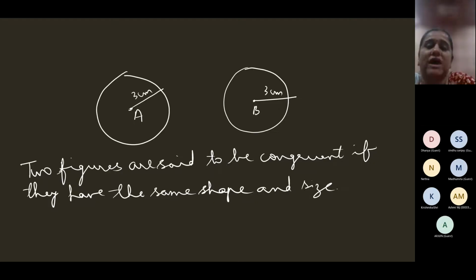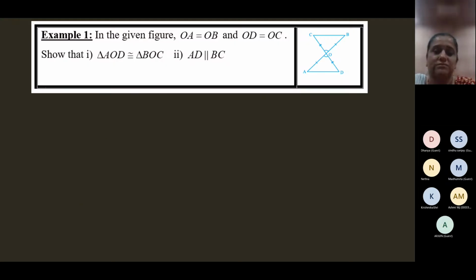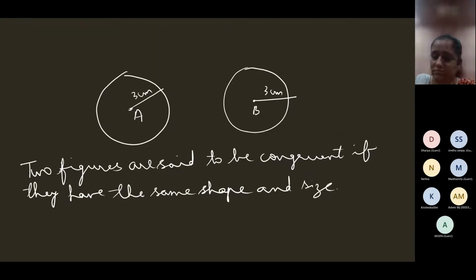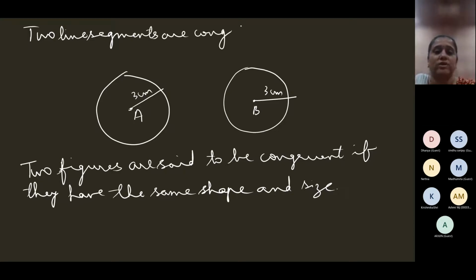So two line segments are congruent if they have the same length. Two angles are congruent if they have the same magnitude. Two circles are congruent if they have the same radius. Correct? Yes, ma'am. So let me write that here. Two line segments are congruent if they have the same length.